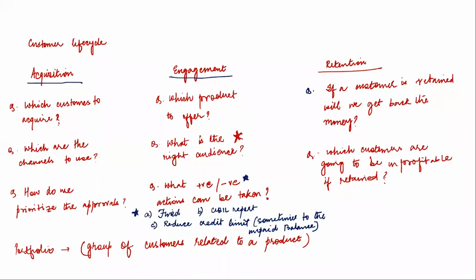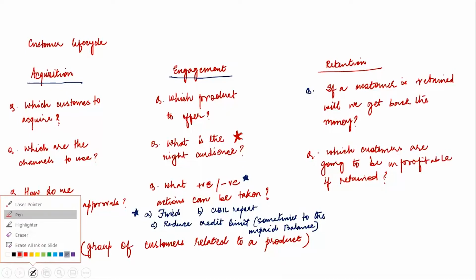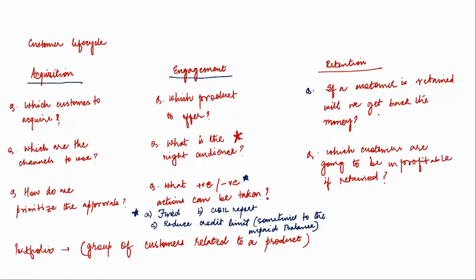The first question is interesting. Which customers, what we do is we create a model called a collectability model at that stage. Collectability models are built at this stage.